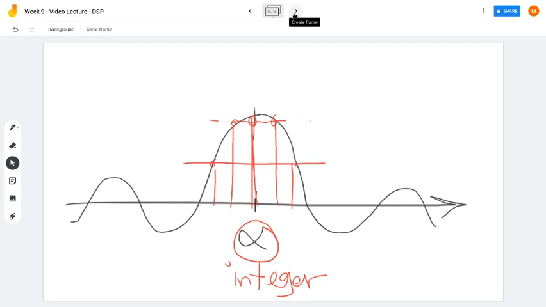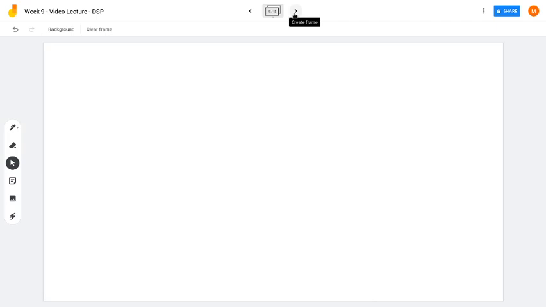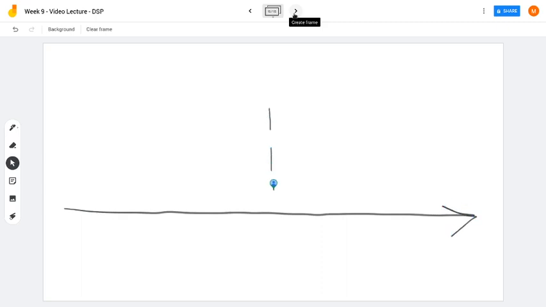And now, as we can see, if alpha is an integer, we have this symmetry intact. Now, if alpha is not an integer, this is what's going to happen. So now we'll be shifting the sinc function by the value of alpha. Again, I'll be having a continuous function over here, and then we will do the sampling.